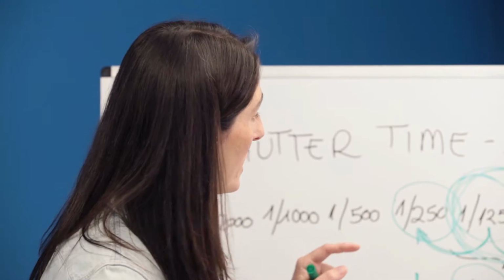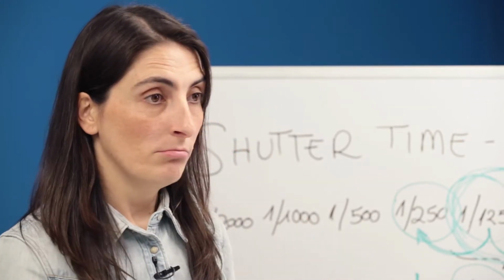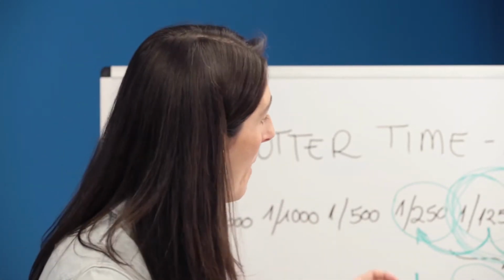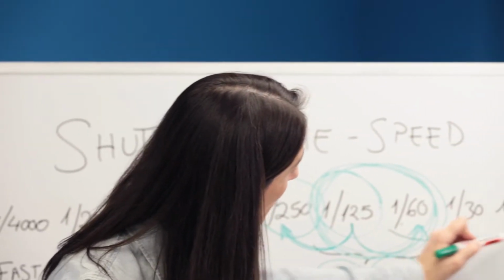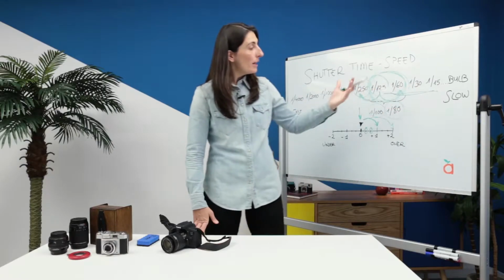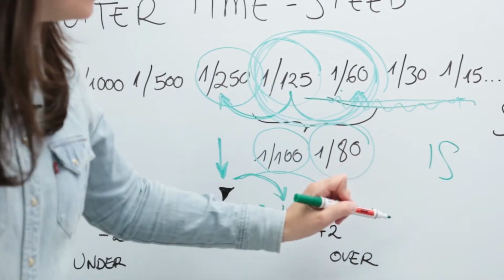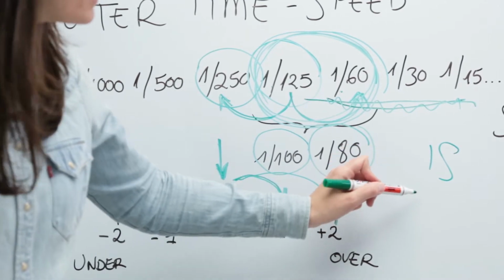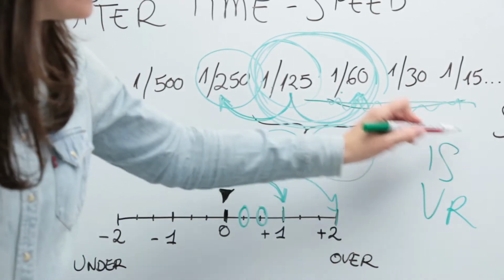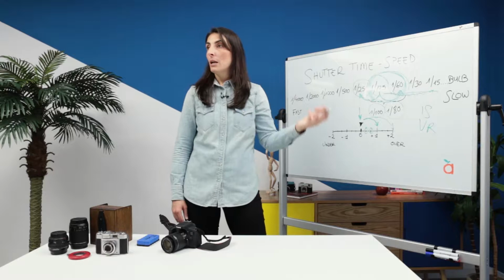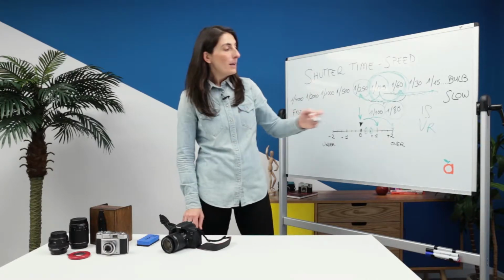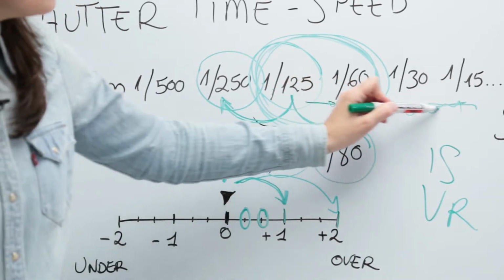Another important thing is the stabilizer when working with speeds under the limits we said before. This tool, the stabilizer, which is called IS in Canon and VR in Nikon, is going to help us reduce the camera shake. This tool is very useful when working with a slow speed.